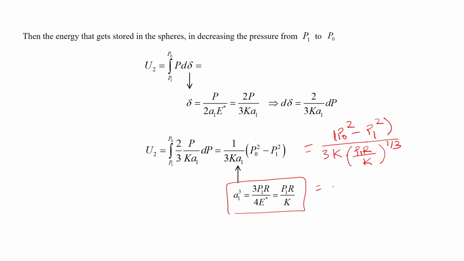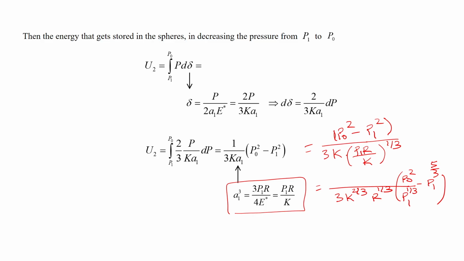If I further write it, it will be 3 K to the power 2 by 3, R to the power 1 by 3, and then P0 square by P1 to the power 1 by 3 minus P1 to the power 5 by 3, because it is P0 square there and P1 here.